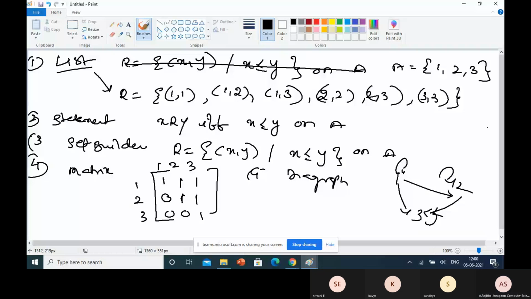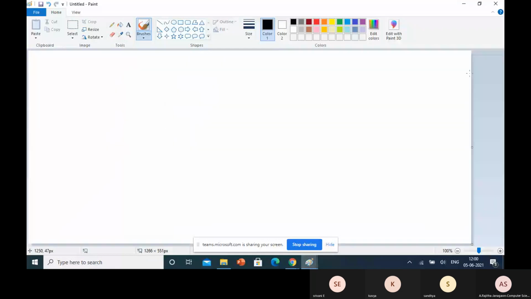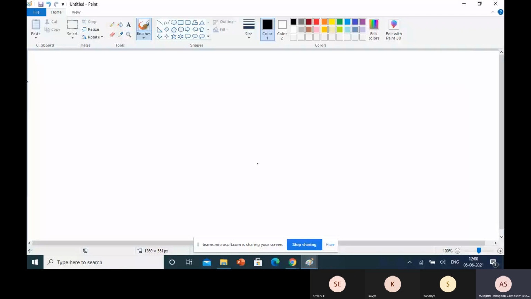So the next, the fifth one after the digraph, is the arrow diagram. We know that very well. This is the arrow diagram we used in the relations concept at school level.